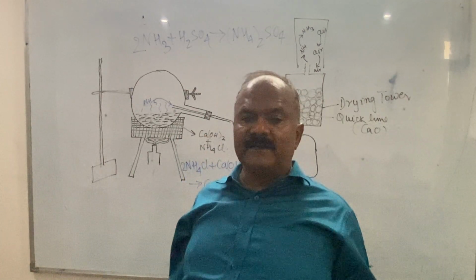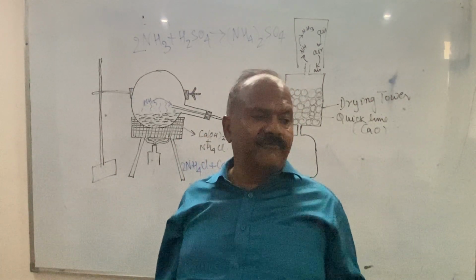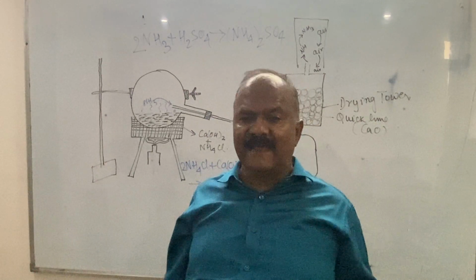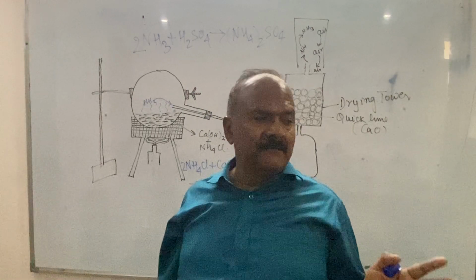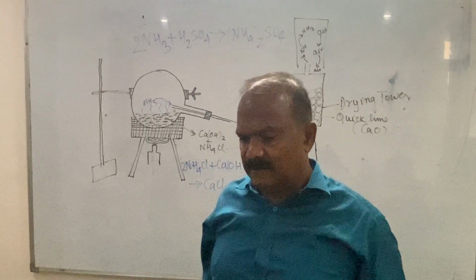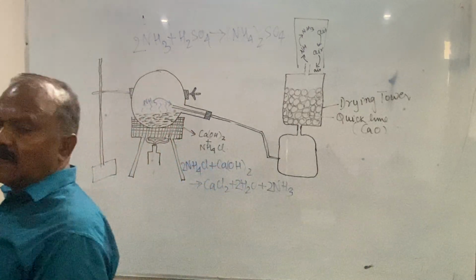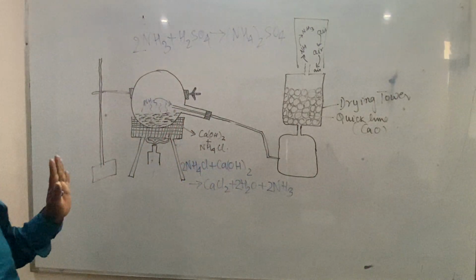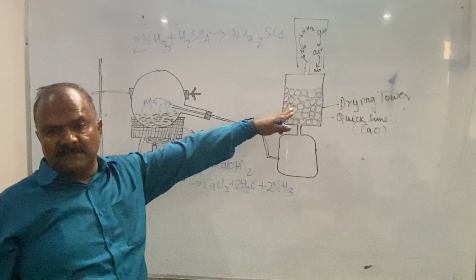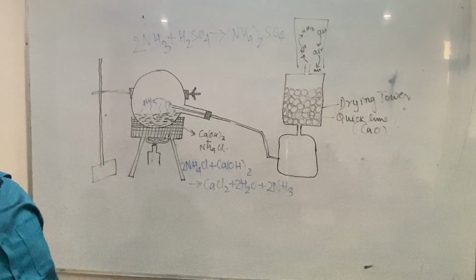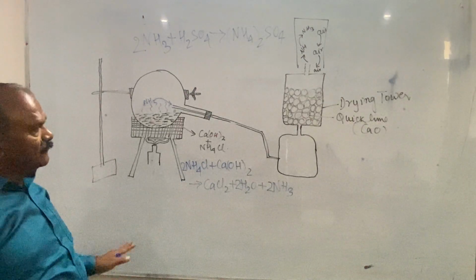When ammonia will react with the P2O5, it will react because P2O5 is an acidic gas and ammonia is a basic gas. So base and acid, they will react here. So that's why we cannot use P2O5 also. So the only drying agent which can be used here is calcium oxide, quicklime. Okay? Done?